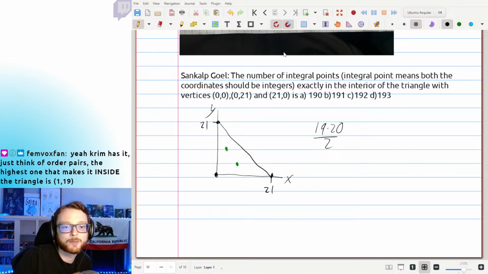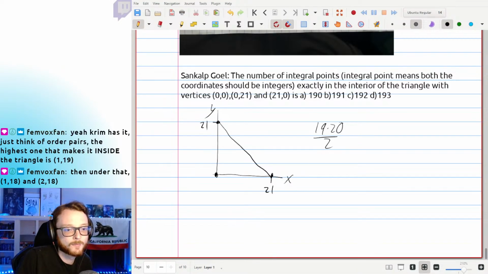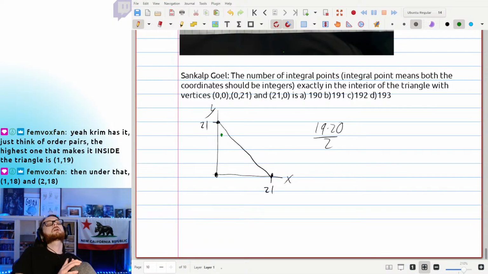Oh, we can't be on the boundary? I didn't realize that. Why is that 119 and not 121? Or not 120? Oh, because that's on the boundary, I guess.